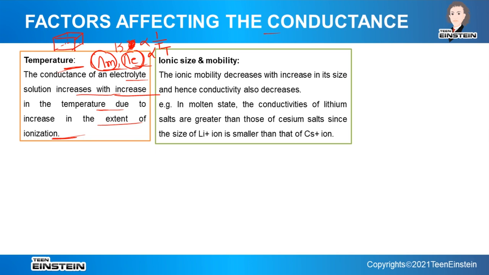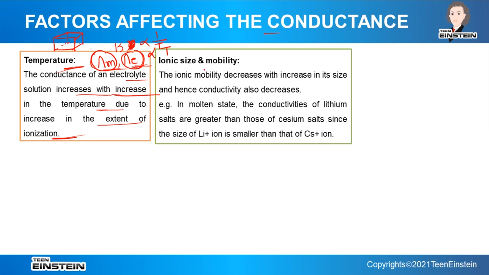Kappa always varies with variables which do not match lambda m or lambda e. It is completely different, because in case of these two we have not fixed the volume, but in case of kappa the volume is fixed. In case of these two, as the number of ions is increasing and volume is not fixed, there is no problem with mobility.